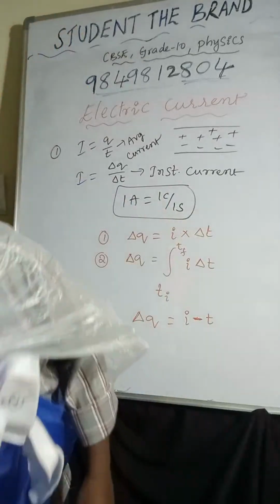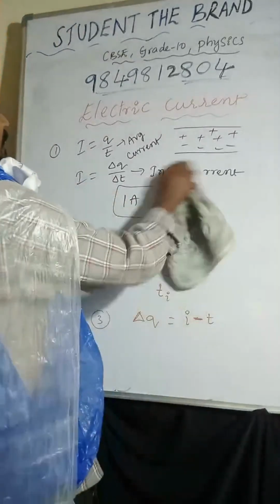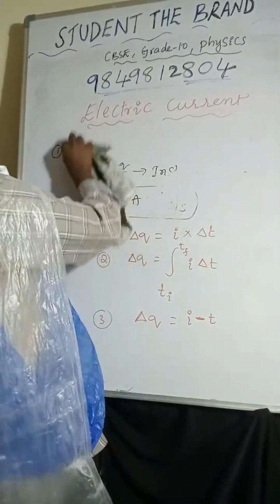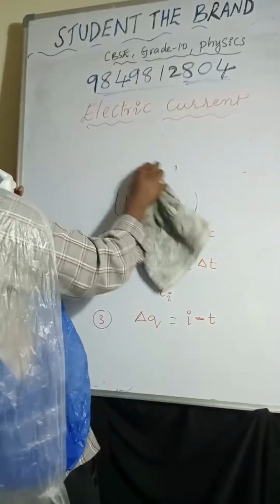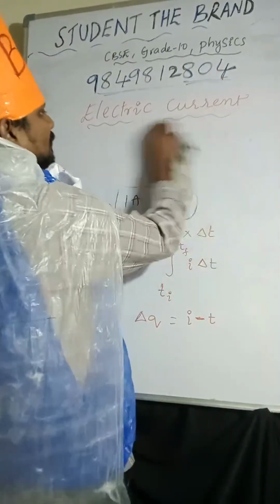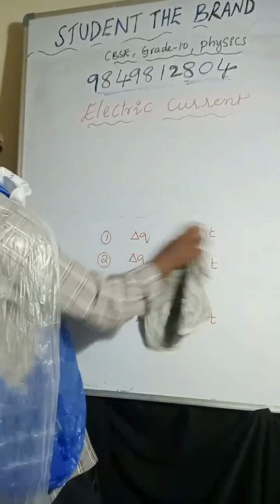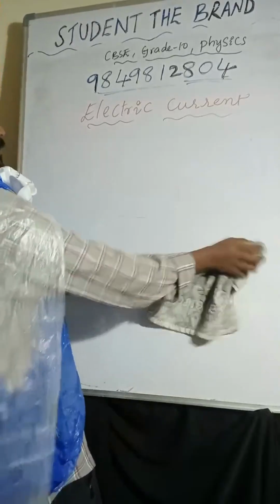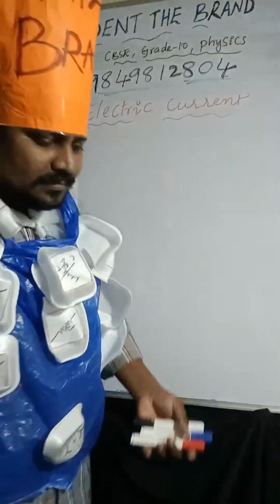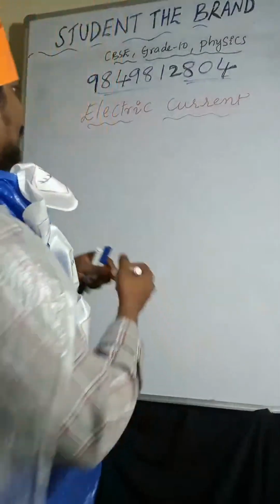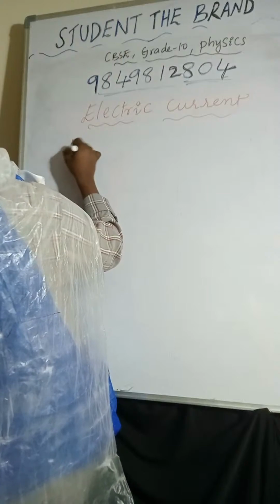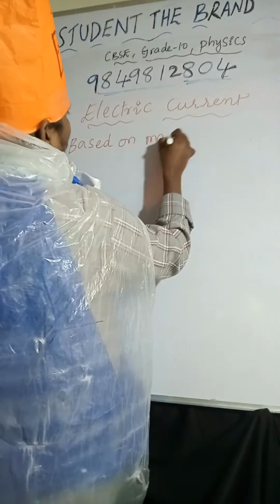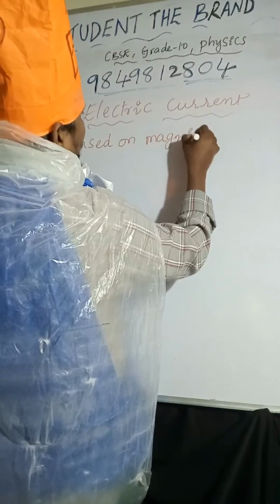And next one, based on the magnitude and direction, current can be divided into 2 parts.